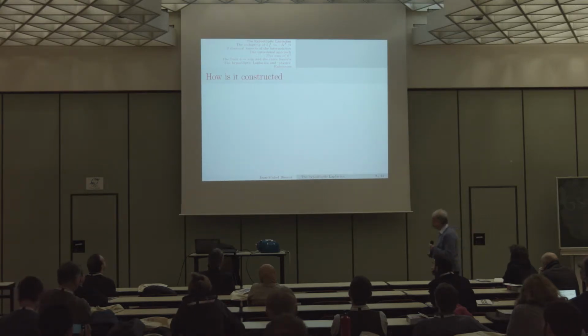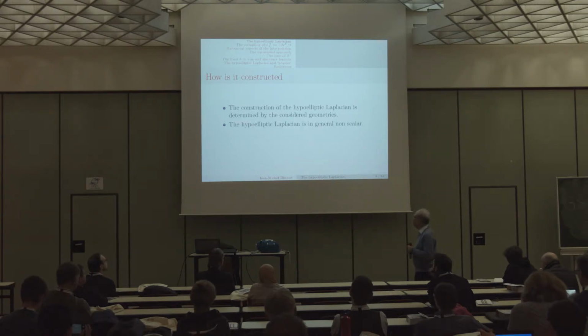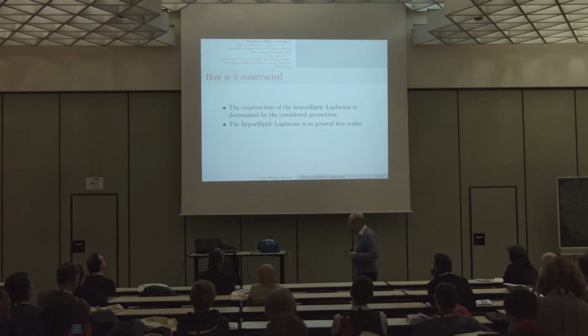So how is it constructed? So I should say, how is it obtained? My talk will not center on this aspect, but I would say that the construction of the geometric hypoelliptic Laplacian is determined by the considered geometries. I put here geometries in the plural. There is not only one such hypoelliptic operator, there are several determined by the geometries you look at. The hypoelliptic Laplacian, to be effective, that is to have all these wonderful properties, is in general a non-scalar operator.